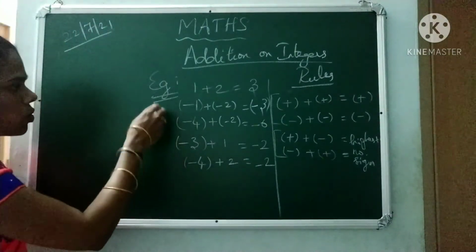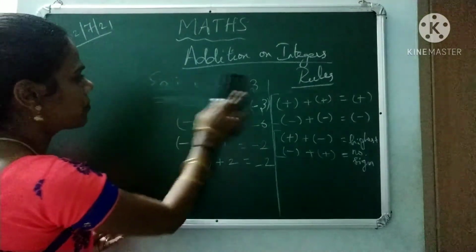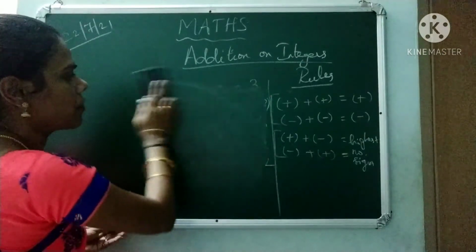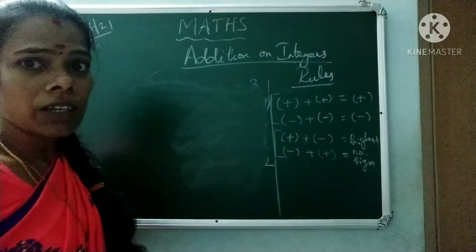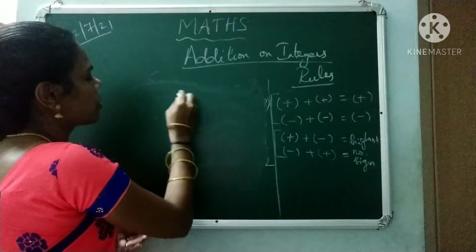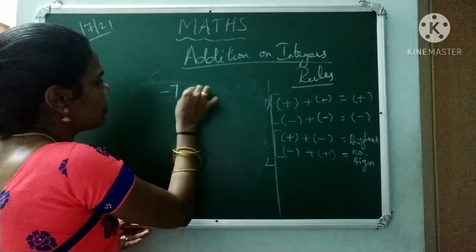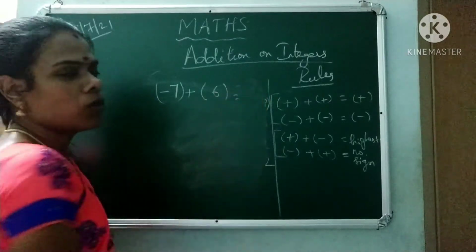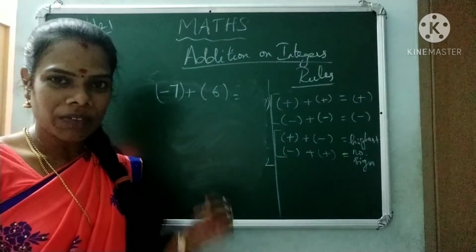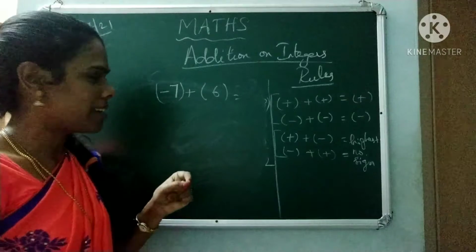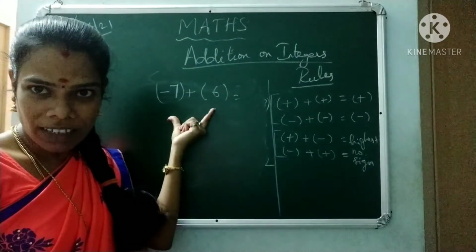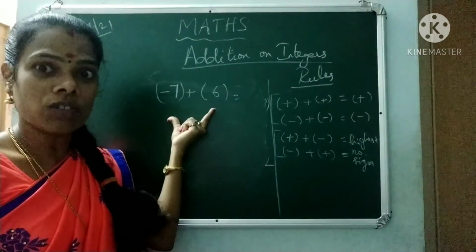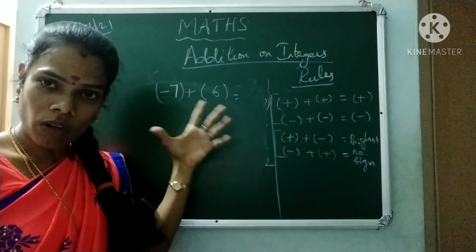Clear? One more example. If I am taking minus 7 plus 6, what is your answer? Within a second you can answer it now. Look at the signs, they are different, so take subtraction: 7 minus 6 is 1. But what is the sign?